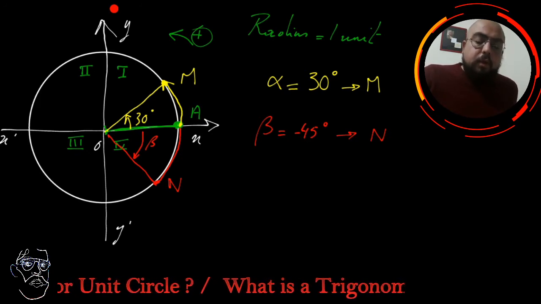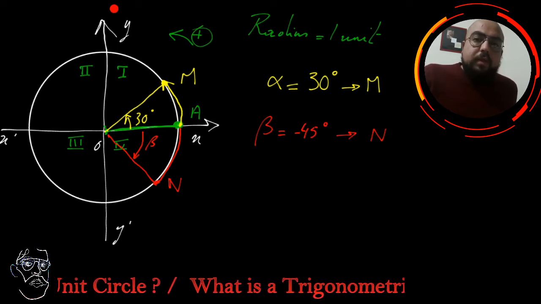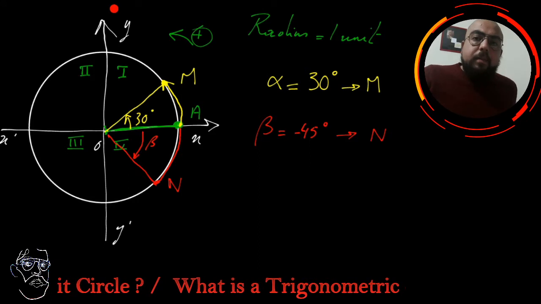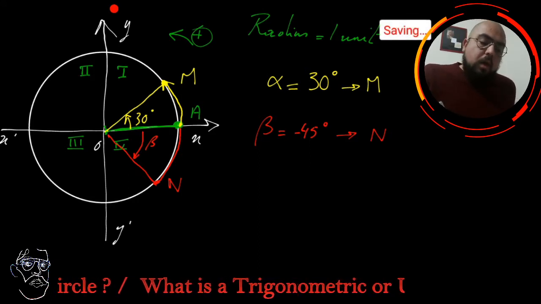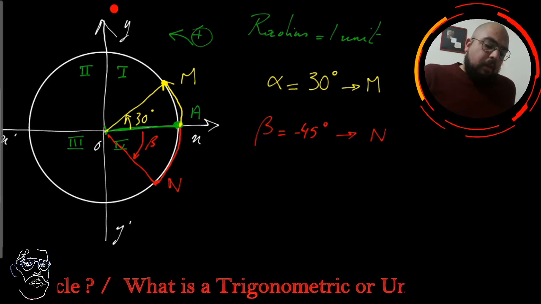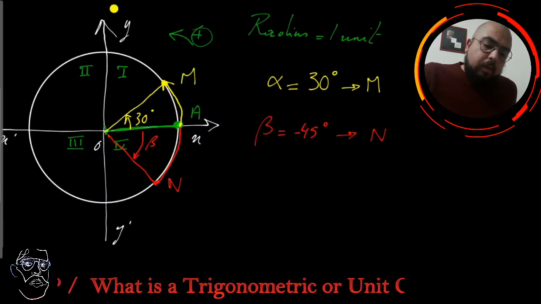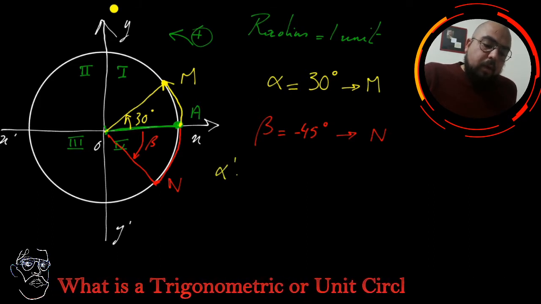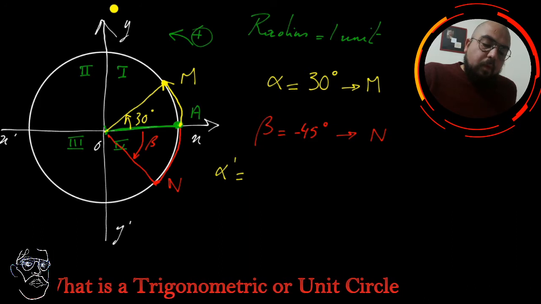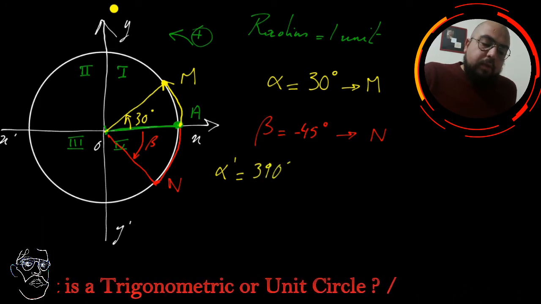Another important question here: is alpha, which is 30 degrees, the only angle that gives me the position for point M? Of course not. Let's say I will have to take an angle, I'm going to call it alpha prime, which is equal to 390 degrees.